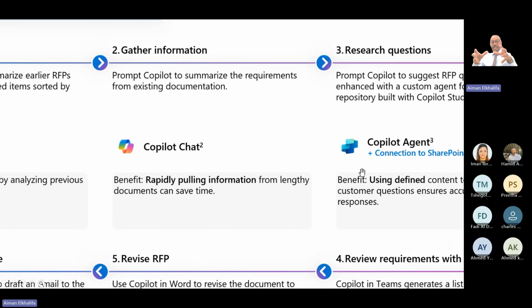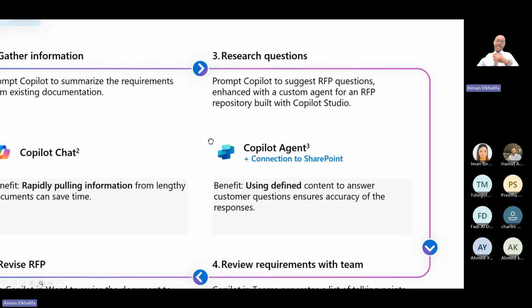Maybe you have a folder in SharePoint where every time you dump information into that folder, it means you've done your analysis about existing RFPs and your questions, and then an agent will actually create the RFP for that particular requirement. So maybe you just add the requirement in that folder, and the agent automatically will run and create the RFP for you.